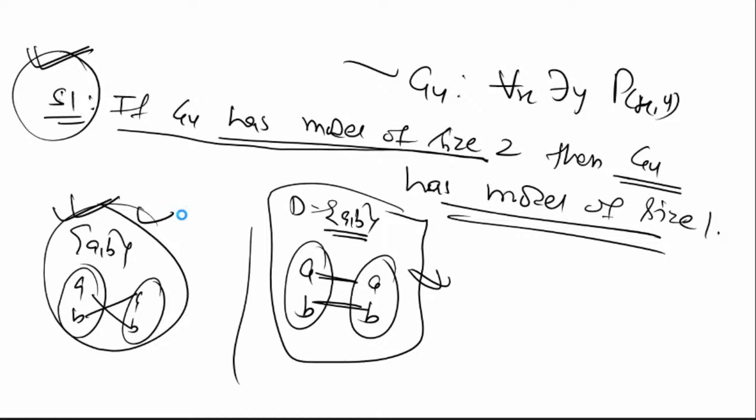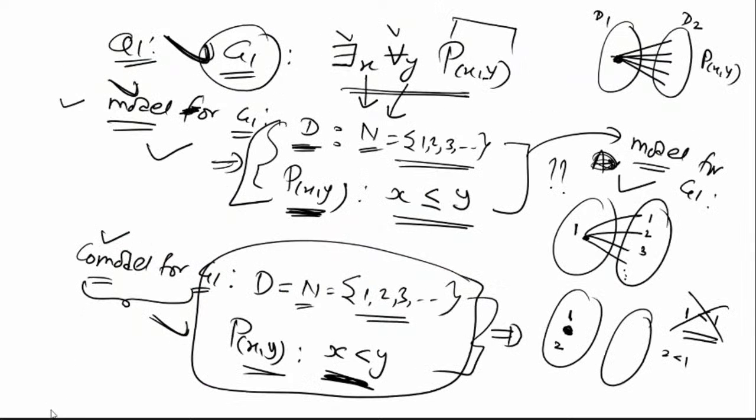It's like this. Let me tell you. For example, if you know the DBMS subject, in the DBMS subject we have conflict serializable schedule and view serializable schedule.